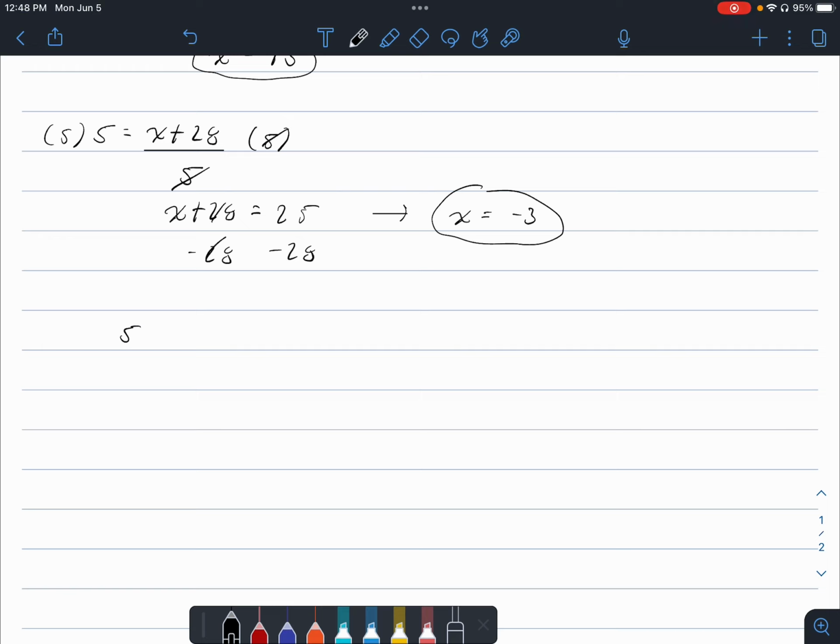So let's see if that works. We have 5 is equal to (-3 plus 28), and again, this is because we said x was equal to -3. So we'll have 5 is equal to (-3 plus 28) divided by 5. And this is equal to 25 divided by 5, which does work out to being 5. Okay, so we know that x equals -3 makes sense.